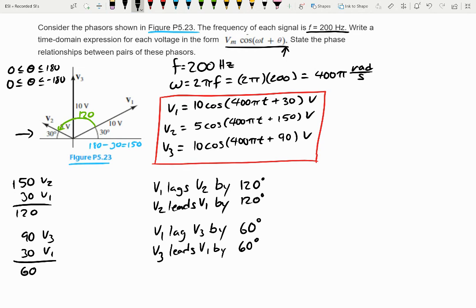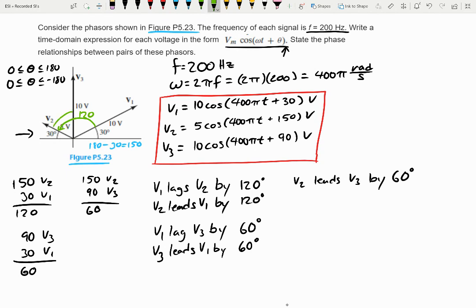And then finally, let's look at V2 and V3. So we can say V2 leads V3 by, so V2 is at 150, V3 is at 90, so that'll be 60 degrees.